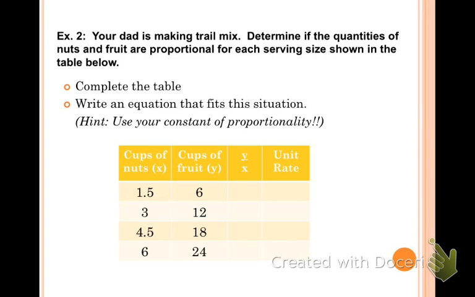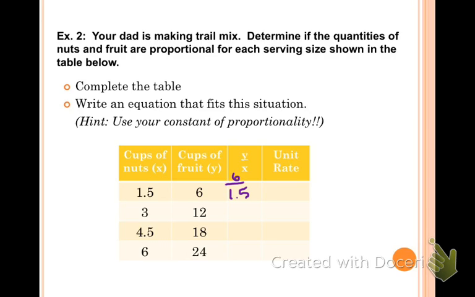Your dad's making trail mix. Determine if the quantities of nuts and fruits are proportional to each serving size shown in the table. Complete the table, write the equation, and we'll be using our constant of proportionality to do so. So we want to go ahead and write these ratios. We have y, the cups of fruit, over x, the cups of nuts.